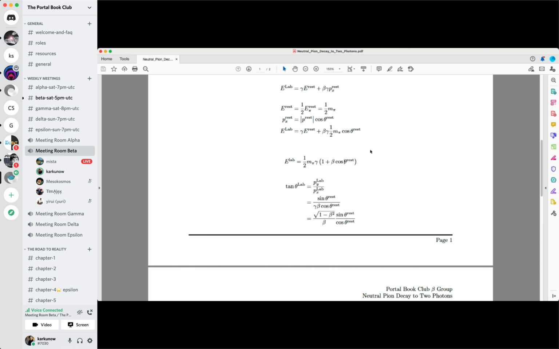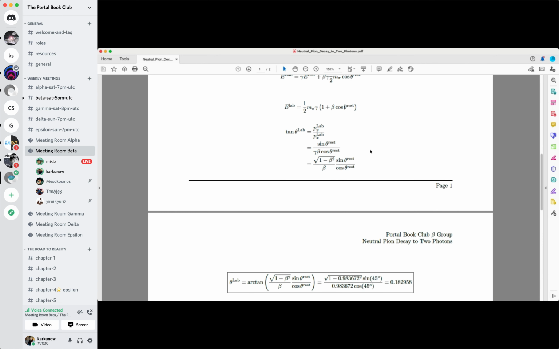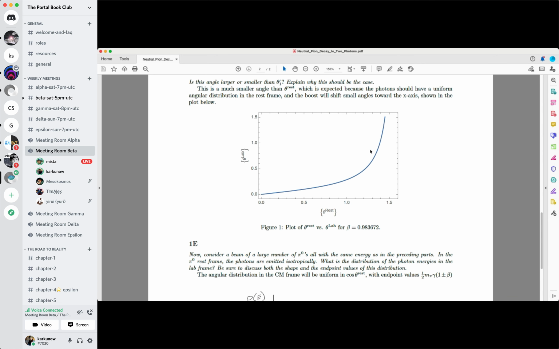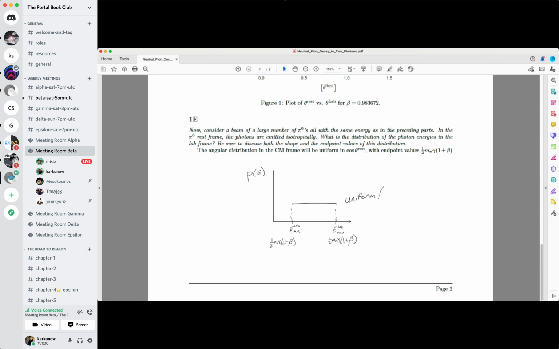Yeah, of course. Okay, so this is actually what I drew out as the plot. I just plug in, well, it's uniform in cosine theta rest because it just goes from -1 to 1. So we end up with just a 1 minus beta term and a 1 plus beta, but it ends up being a purely uniform distribution there.